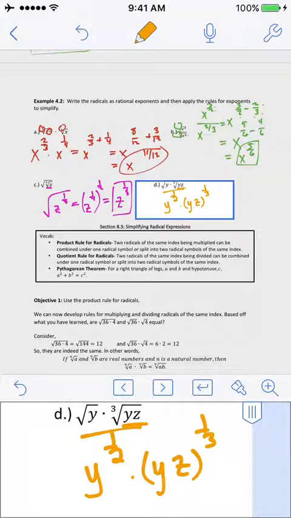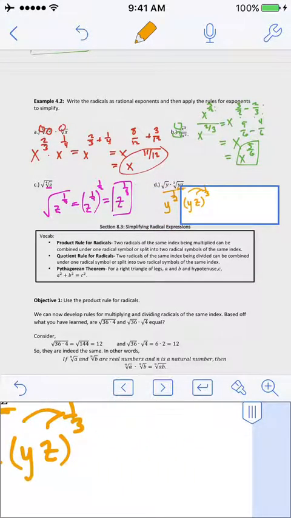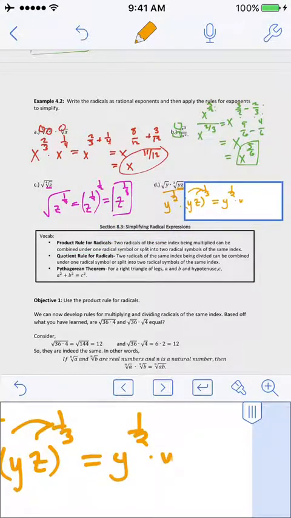Now that they're exponents, I can use the distribution rule and split up that second base. So I keep that y to the 1/2, but then this becomes y to the 1/3, z to the 1/3.